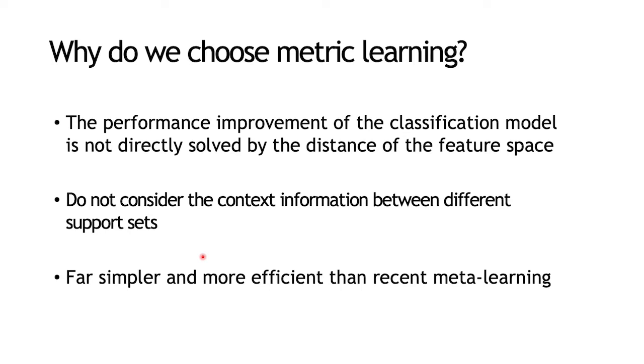Furthermore, we try to investigate more powerful techniques to exploit the relation between support sets than that used in that work. And metric learning is far simpler and more efficient than recent meta-learning.